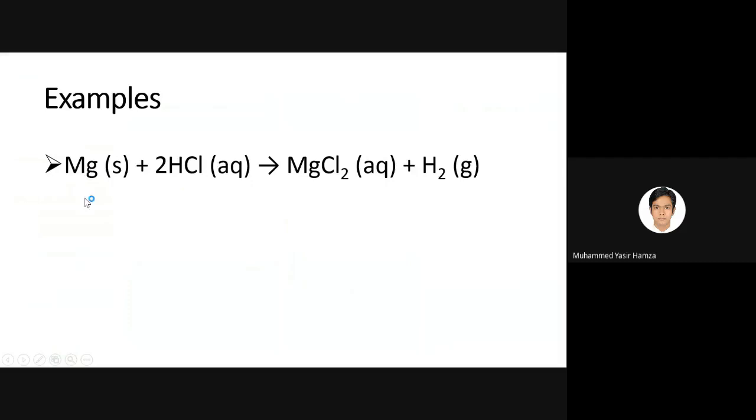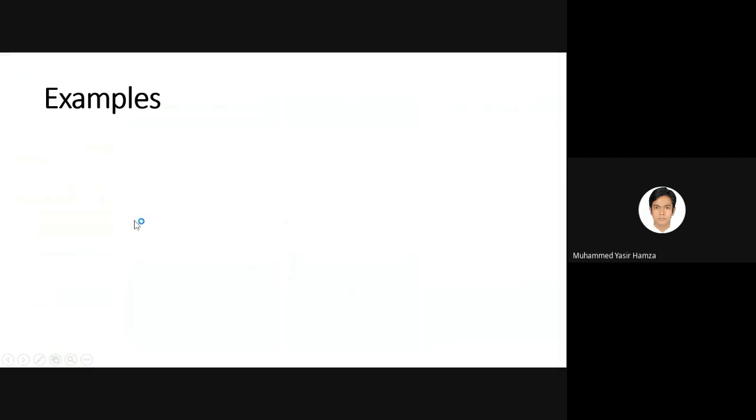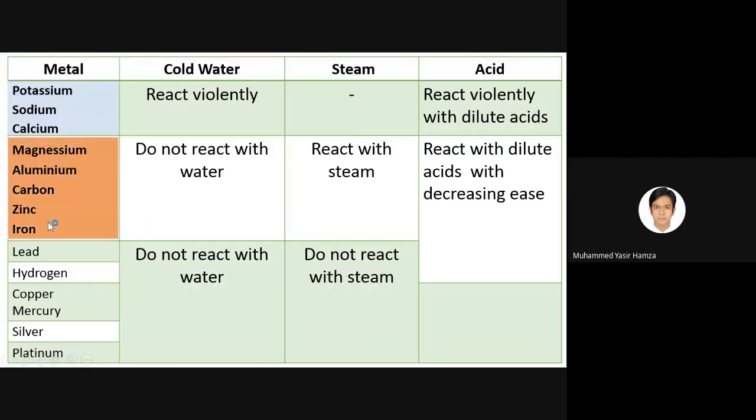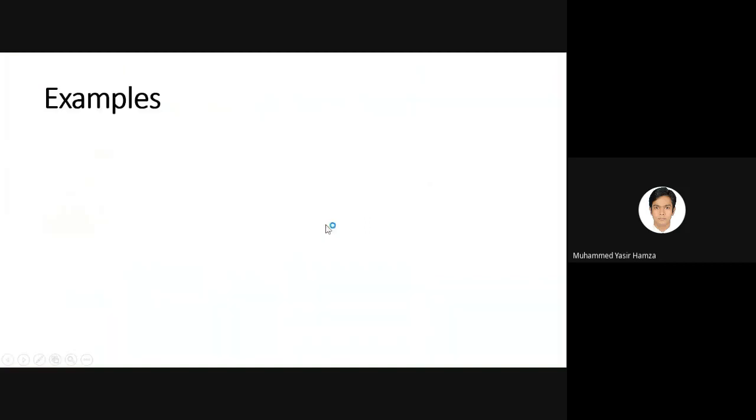Every metal reacts this way. As you go down, the metals become less reactive, so they find it very difficult to react with dilute acids. That's why we write that they react with decreasing ease.